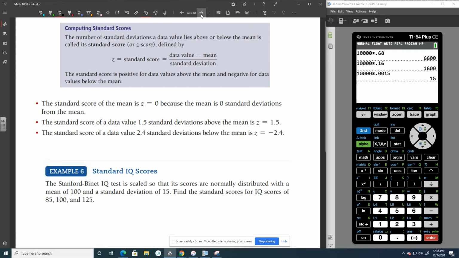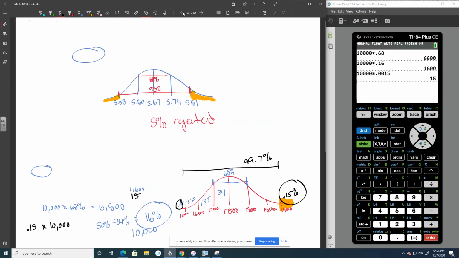They're somewhere in between those nice, beautiful numbers. To figure out how many standard deviations away a value is, that number we call a z-score. A z-score is how many standard deviations away we are.